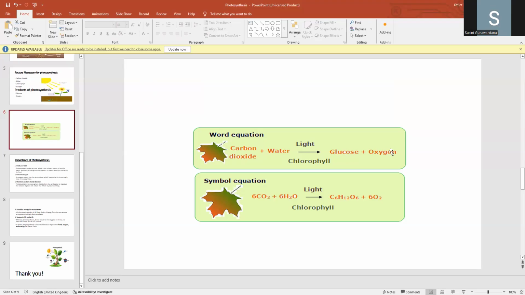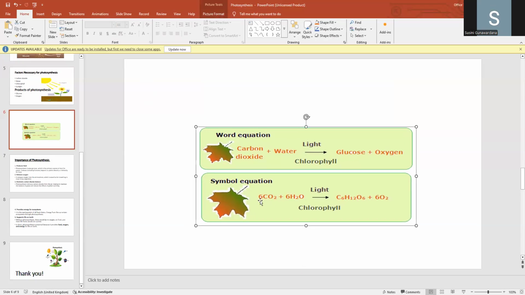In your question papers, they may ask you for the word equation as well as a balanced chemical equation, or the symbol equation. So this is the chemical equation. Here you can see 6CO2, 6H2O, light energy and chlorophyll, and it produces C6H12O6, which stands for glucose, and 6O2.